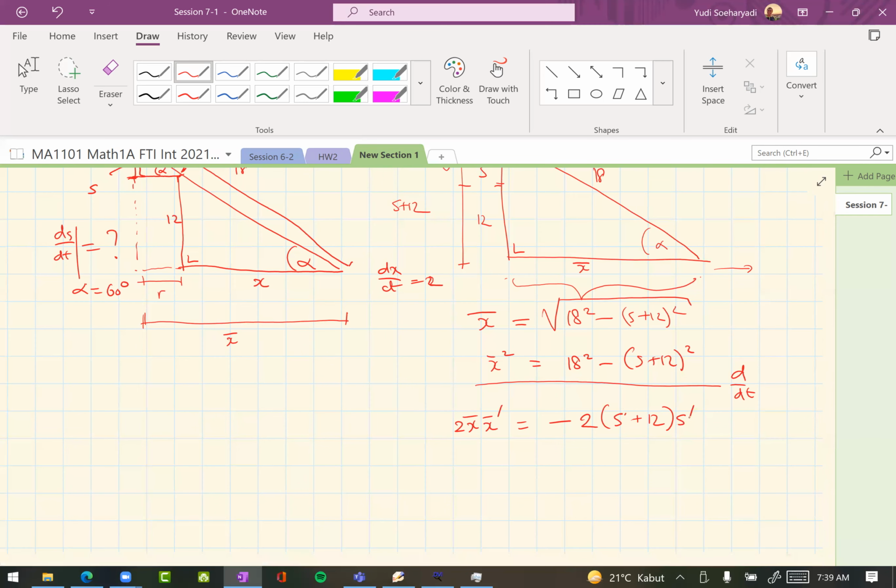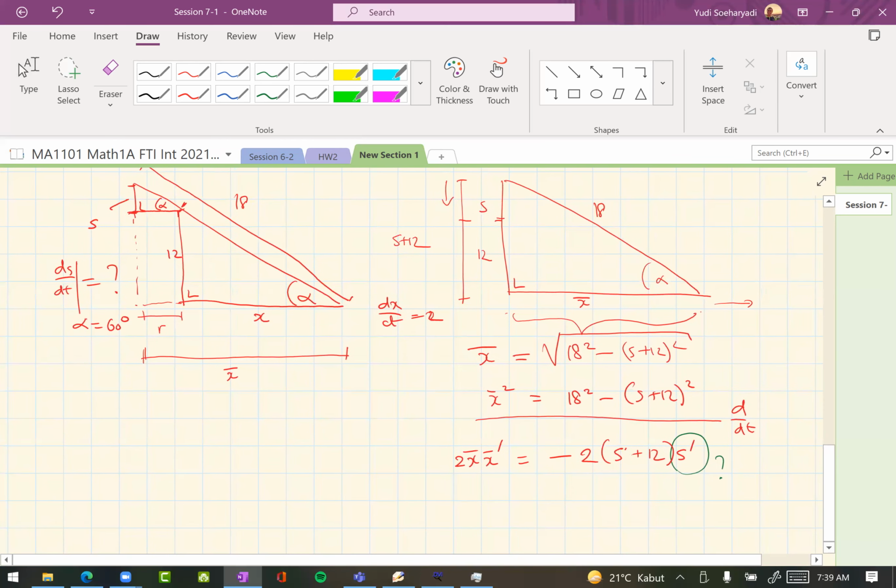All right. So what is the question? The question is about this one. So we need to find this data here. We know X bar, this is 2, because the X and X bar are the same.